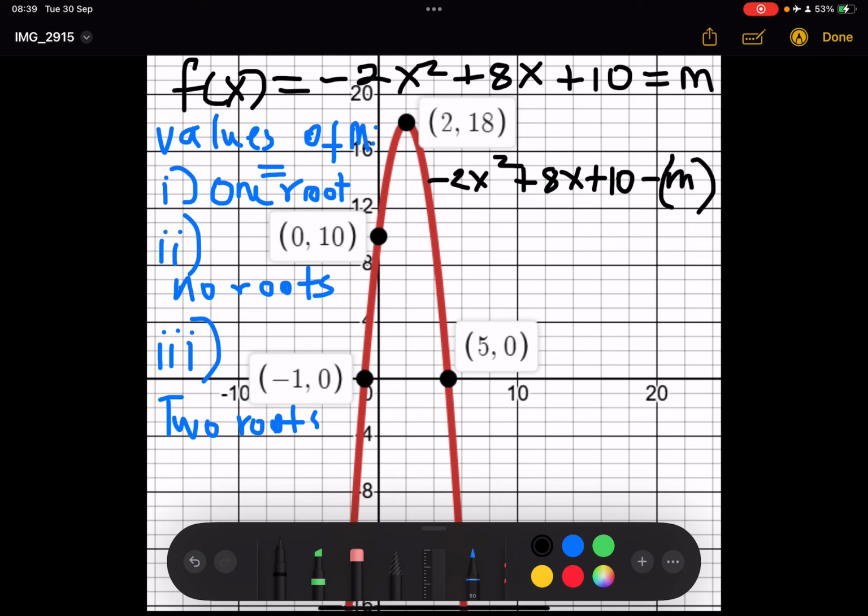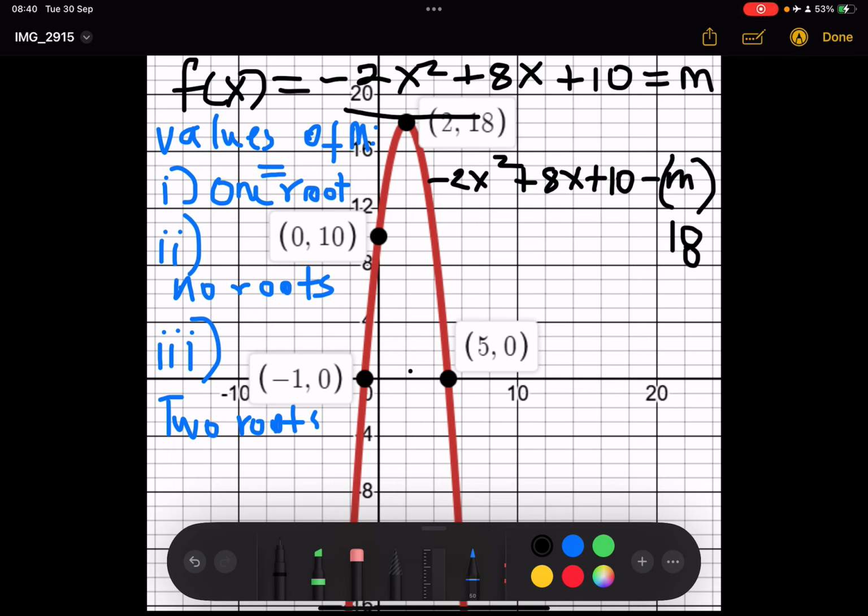And we can see that if this graph goes up, this function will always have two roots, right? So with roots, we always check the turning point. So what will happen here is, if m equals 18, this graph will have minus 18 there, which means the m will be moving the graph 18 units down.